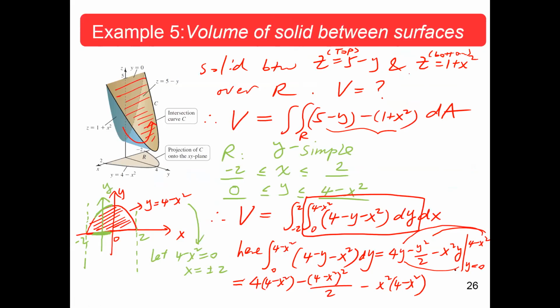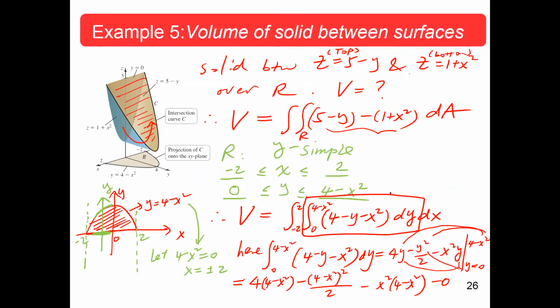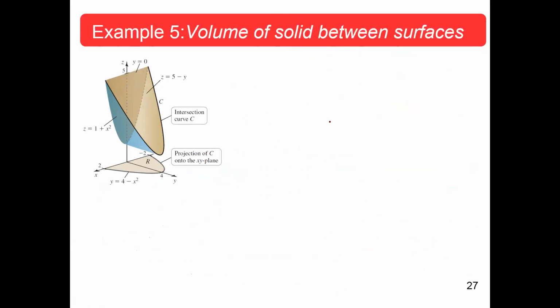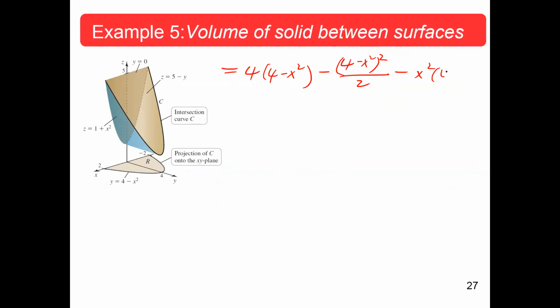And when you plug in 0, you get 0, so minus a big 0. So that equals 4 times 4 minus x squared, minus 4 minus x squared over 2, minus x squared times 4 minus x squared.